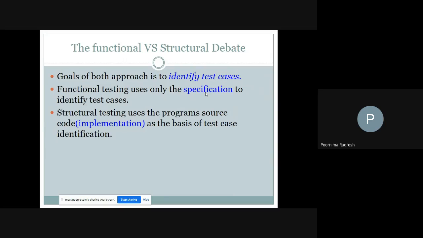So the final conclusion of the debate is that a single approach is not efficient to perform the testing process, but if we use the combination of functional testing as well as structural testing, then it satisfies most of the user requirements by identifying the faults or errors. Right? Understood? So this is the debate about functional versus structural testing techniques.